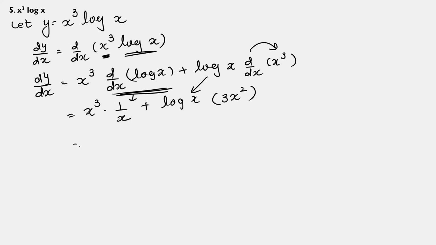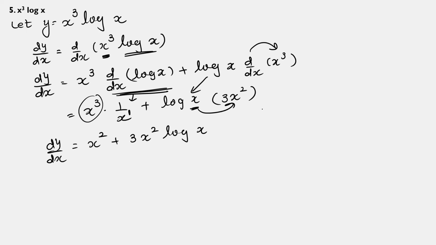As I can see, one x is going to get cancelled, and here dy by dx will be x square. It is x cube and x power 1 in quotient, so 3 minus 1 is x square, plus 3x square log x, because x is not multiplied with 3x square; log x is multiplied with 3x square. So that is why I had written 3x square first.